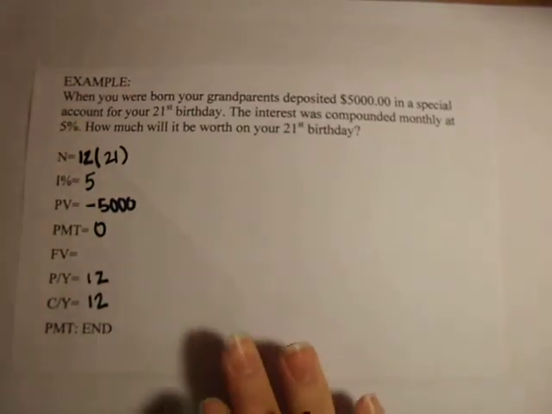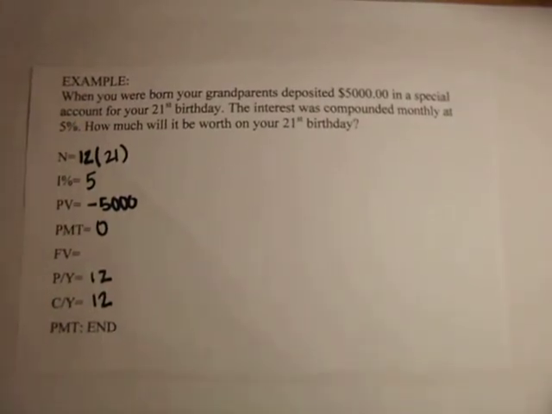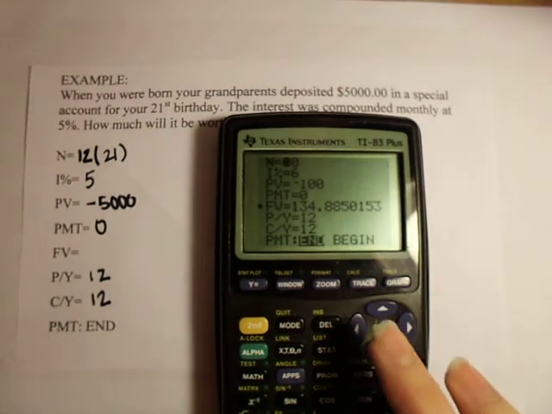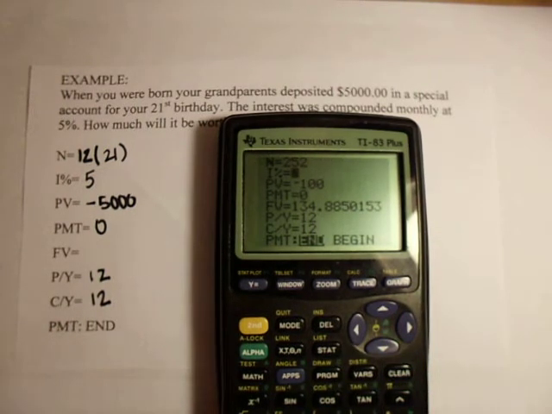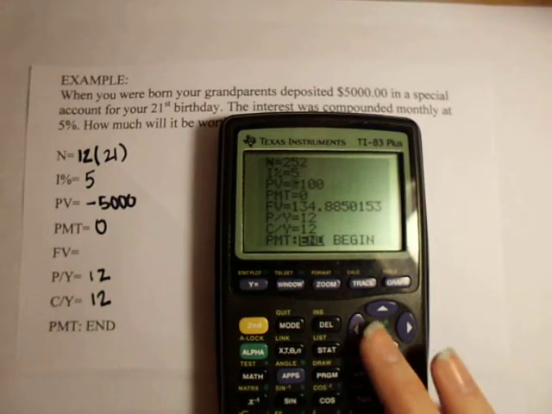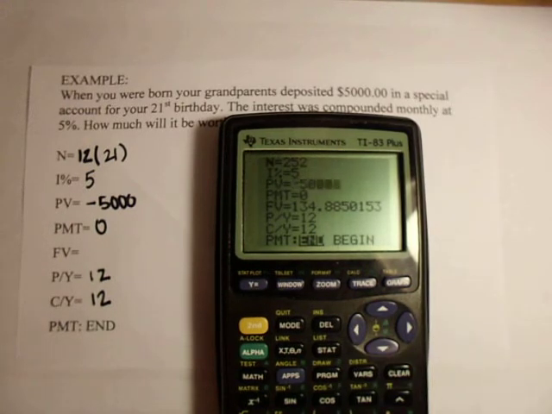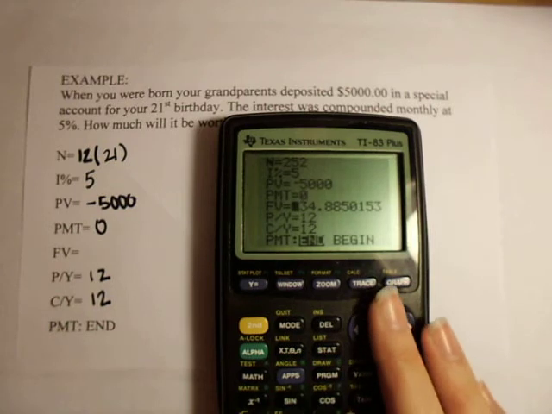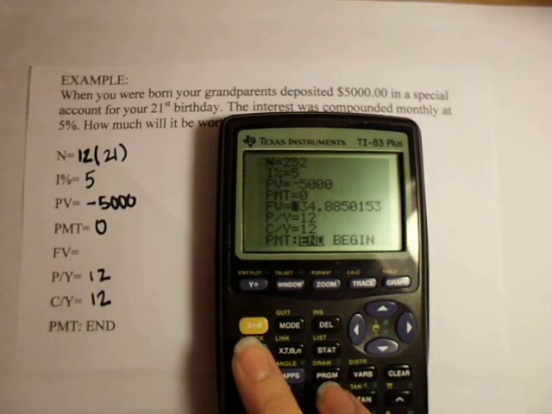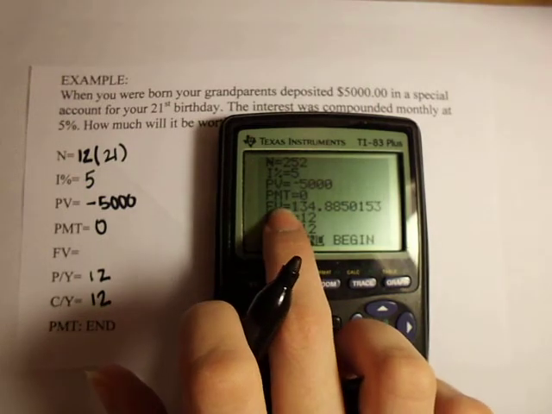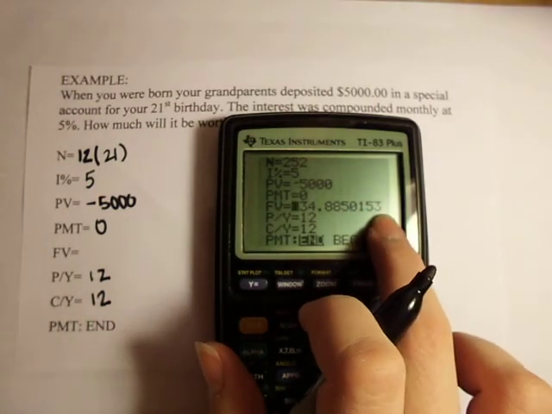Compoundings per year is 12. So we'll put this in the calculator. 12 times 21. So it'll be 252 times compounded. 5% interest. 5,000 initially in there. Nothing added. 12 and 12. And then we're going to highlight the future value again because this is what we want to solve for.